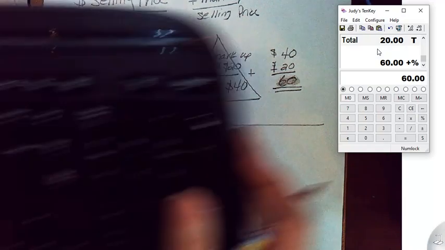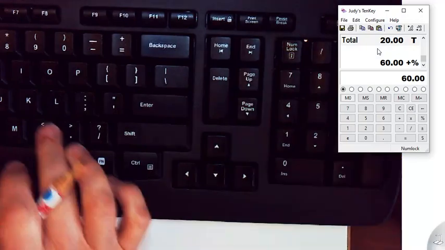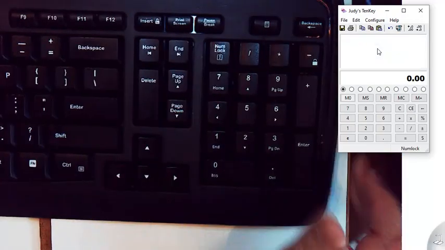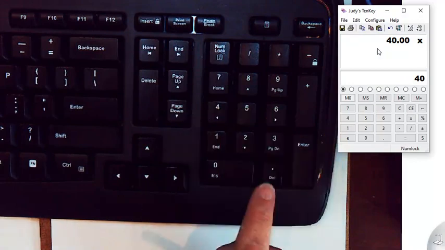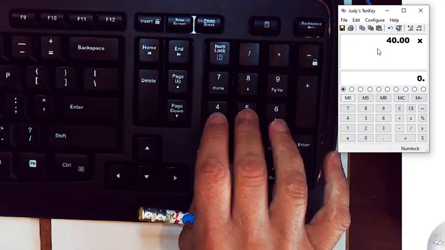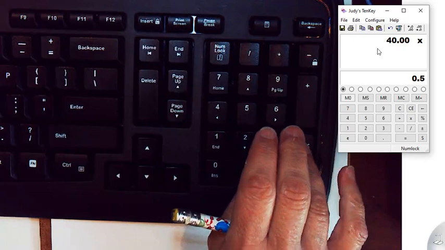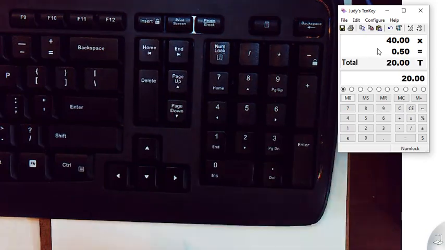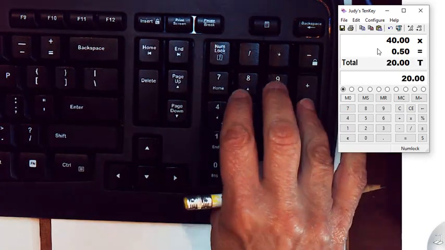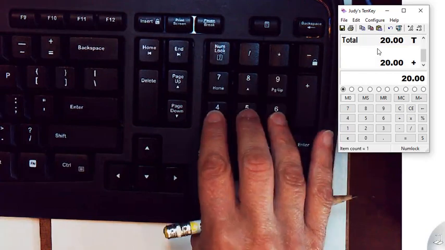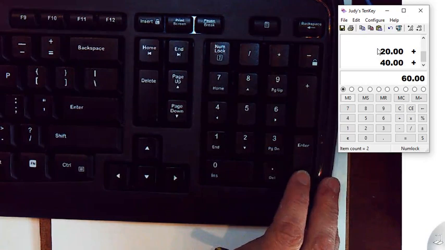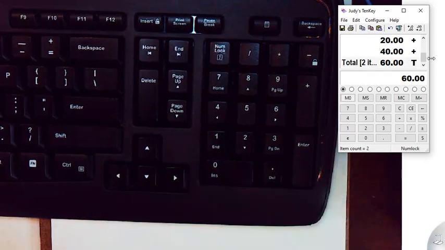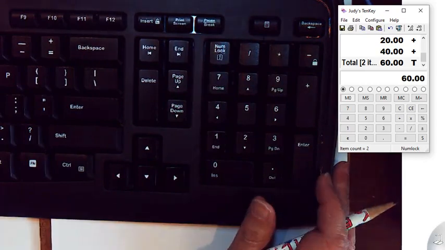So I could take the $40 times the decimal, which is 0.5, and I get the 20. Now I'm going to have to put it back into my tape though, plus the original 40 to get the 60. So it takes more steps if you don't use the percent sign with the P.